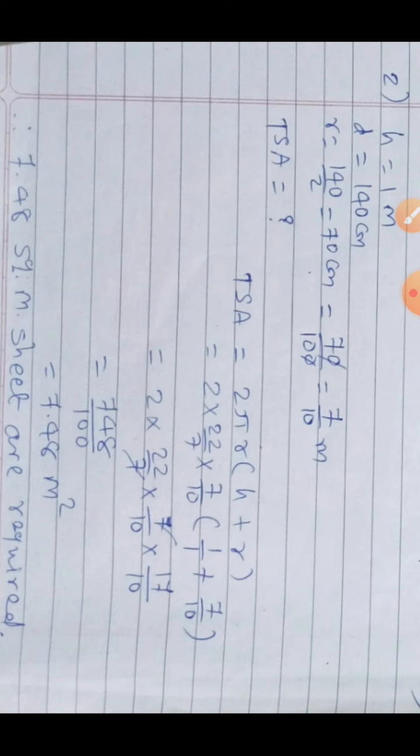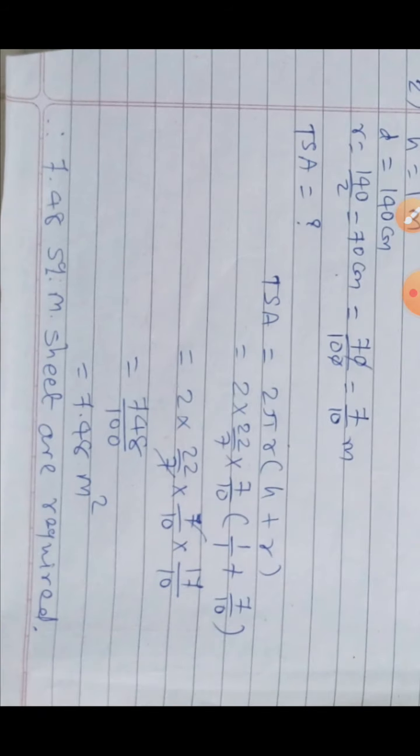Just keep 10 as it is. So now 2 into 22 into 17 will become 748. So 748 upon 100 will obviously become 7.48. So that is the benefit of keeping 10, 100 or 1000 in the denominator without any reducing. So 7.48 meter square.